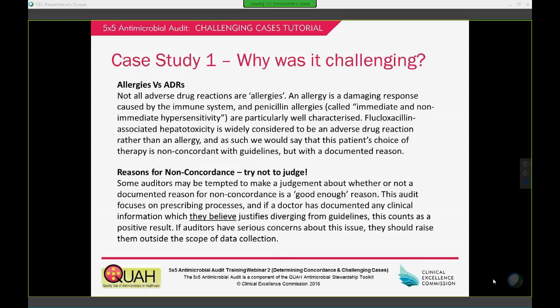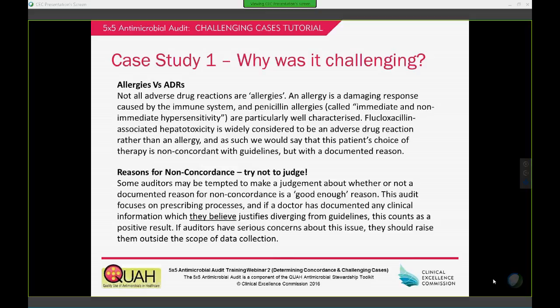And these reactions are quite well characterised. So in this case, flucloxacillin-associated hepatotoxicity, or that liver enzyme derangement that we had a comment on in the notes, is widely considered to be an adverse drug reaction rather than an actual allergy, and as a result we said that the patient's therapy was non-concordant with guidelines, but then there was a documented reason for that.